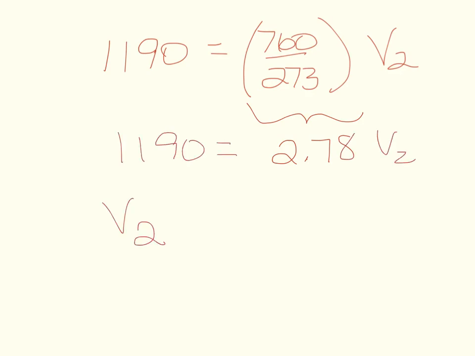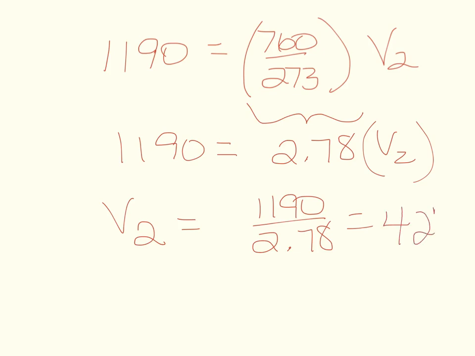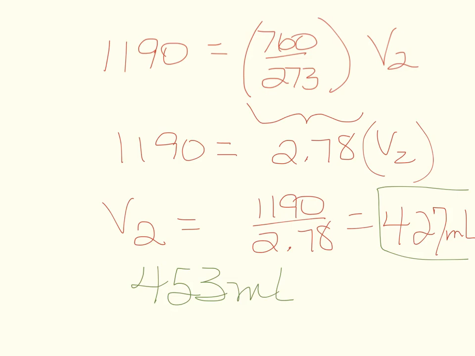So that means the second volume is simply 1190 divided by 2.78, and that equals 427 milliliters. That is the new volume of the dry gas under standard conditions. The original volume, if you remember, was 453 milliliters. The volume has gone down quite a bit, which makes sense because our temperature has gone from 18 degrees Celsius down to 0 degrees Celsius, which makes volume shrink.